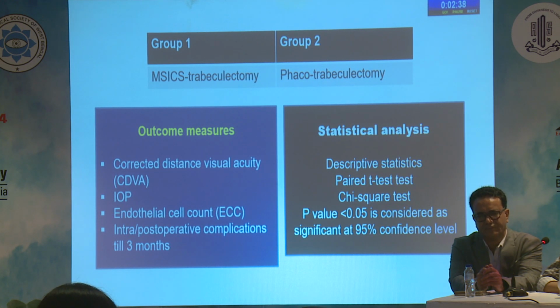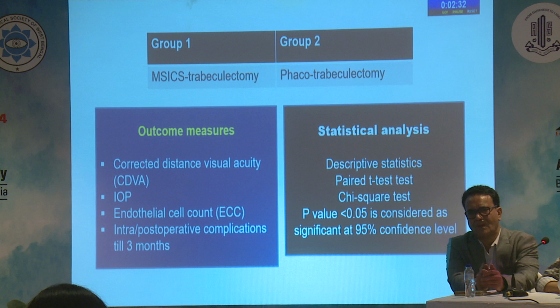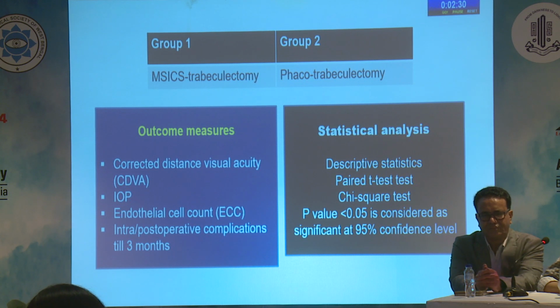So group 1 included patients with SICS trab and group 2 included patients with phacotrab. In phacotrab, we have done a double site surgery where superior position is used for trab and a temporal clear corneal phaco. The outcome measures included corrected distance visual acuity, intraocular pressure, endothelial cell count, and any complications till 3 months.